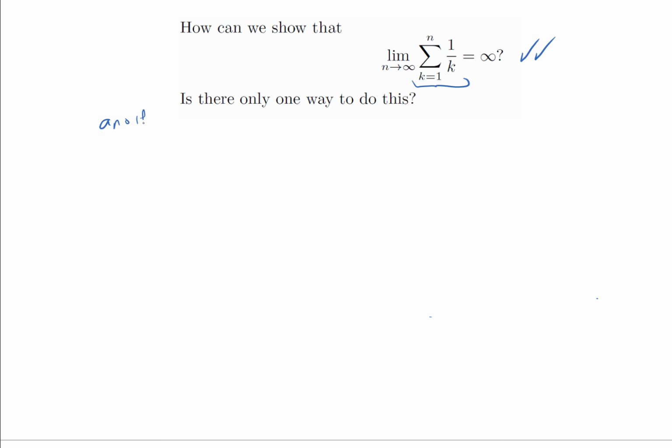So a second approach consists of using comparison, but with a divergent series. A series that doesn't converge, a series that is actually going to diverge to infinity.